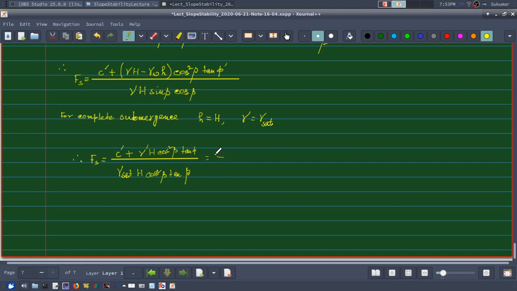And this becomes equal to, we can divide it into two parts. One is for cohesion, the other is for friction.